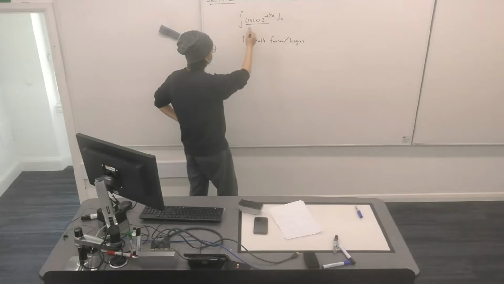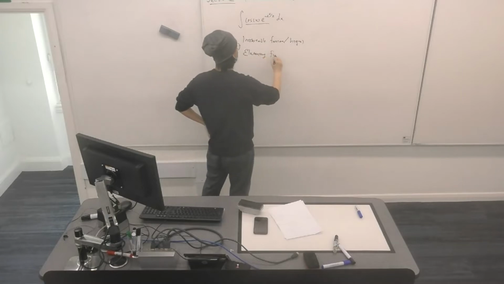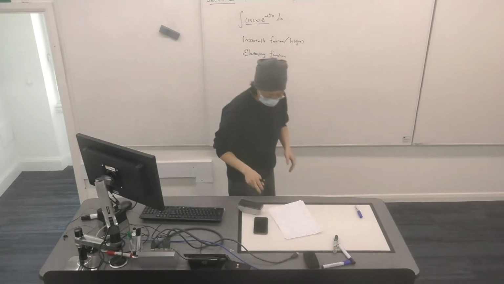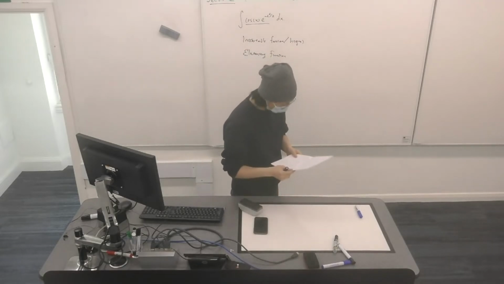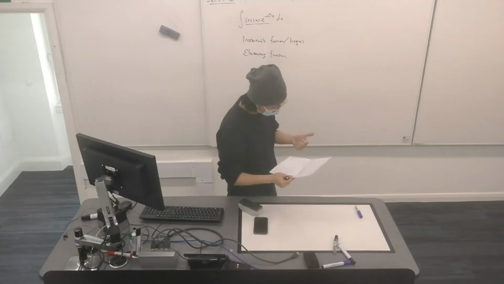Essentially, if an integral does not have an antiderivative that is an elementary function, then we say it's intractable. Elementary essentially means it's a sum, product or composition of finitely many polynomial, rational, trigonometric, hyperbolic, or exponential functions.